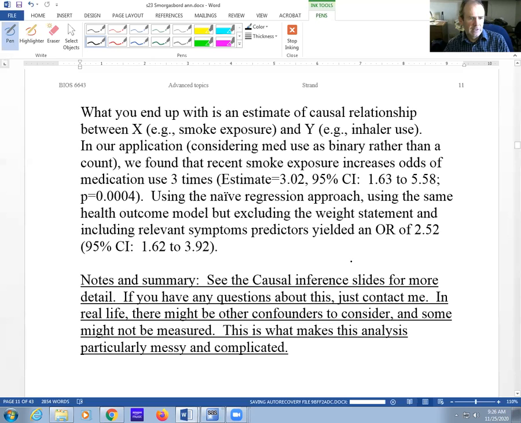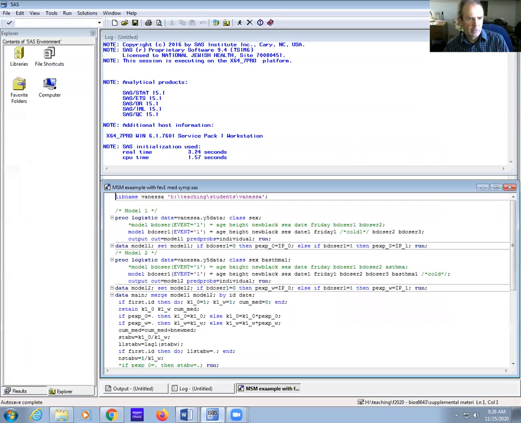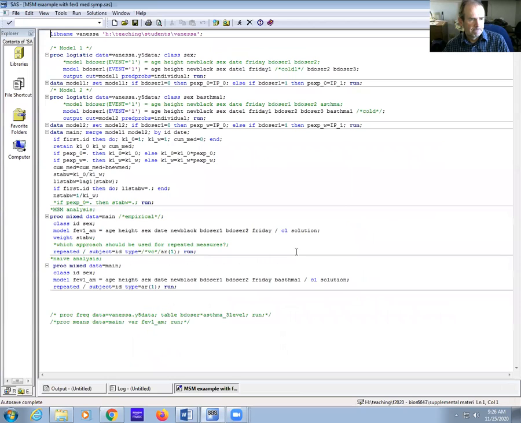But I'm going to take a jump off here and open up a SAS program to show you how you would do the marginal structural model.